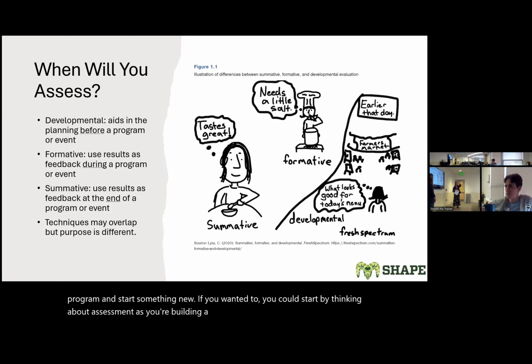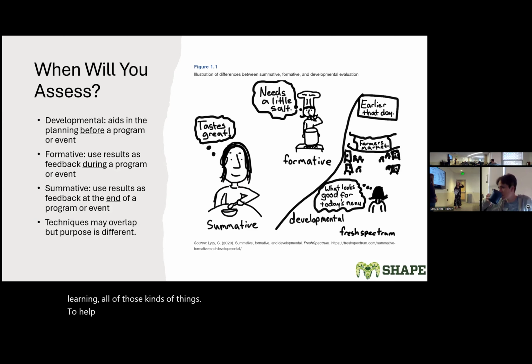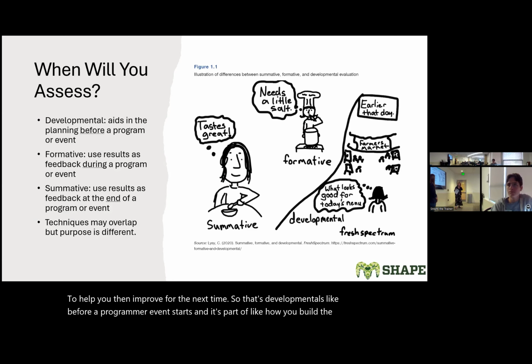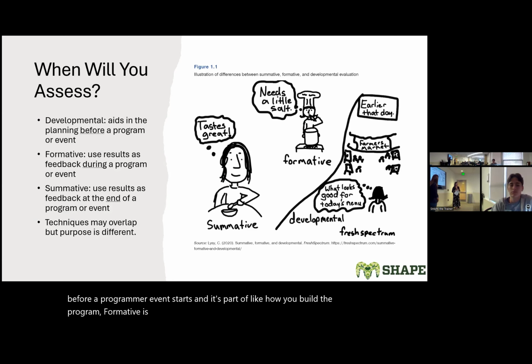Through the arc of the program, what would be important to capture about needs, satisfaction, learning, all of those kinds of things to help you improve for the next time? So that's developmental: it's before a program or event starts, and it's part of how you build the program. Formative is during the program or service or event.